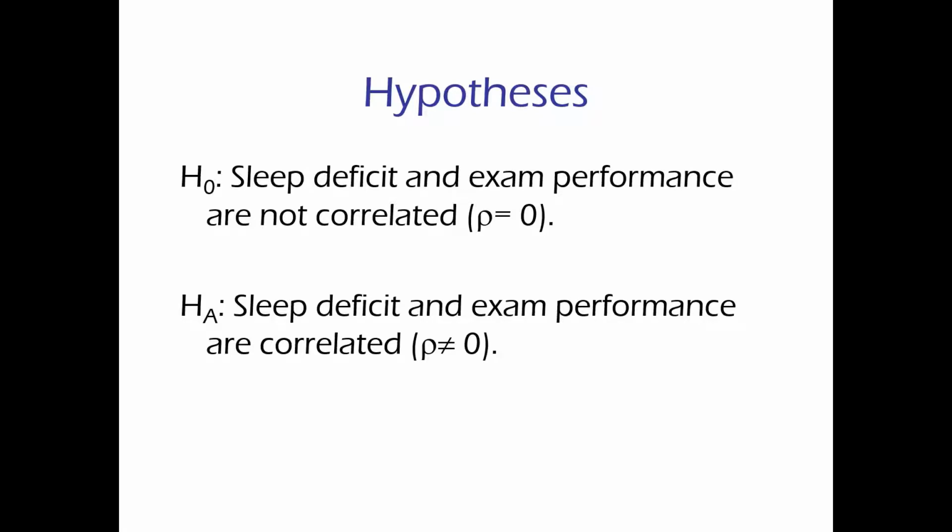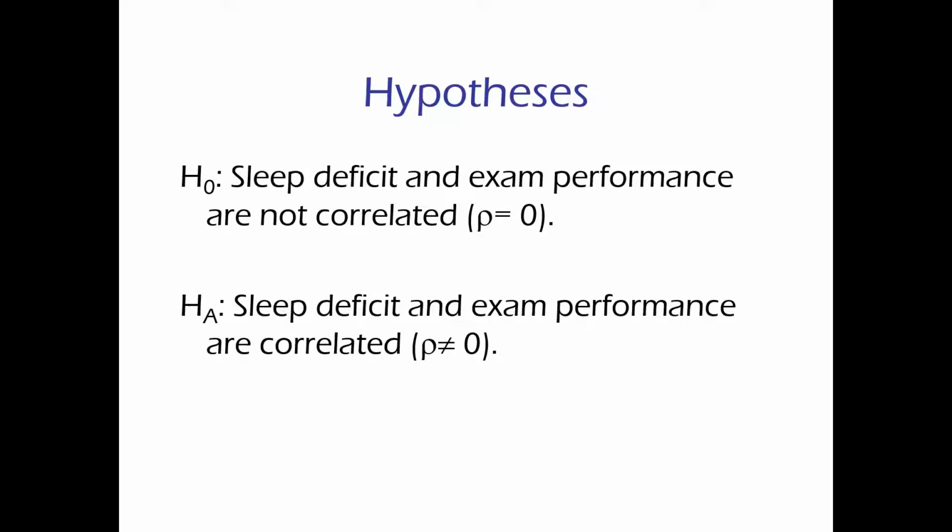Let's start with the null hypothesis and alternative hypothesis. Our null hypothesis is sleep deficit and exam performance are not correlated, or rho equals 0. And the alternative hypothesis is sleep deficit and exam performance are correlated, or rho is not 0.